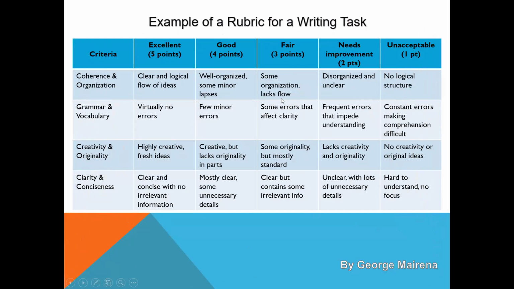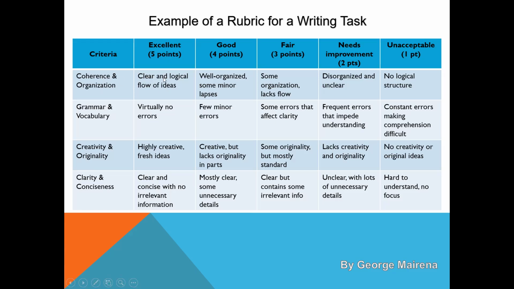This is for a writing task. Here we have the criteria: coherence and organization, grammar and vocabulary, creativity and originality, clarity and conciseness. And we have some performance levels. When is coherence and organization excellent?